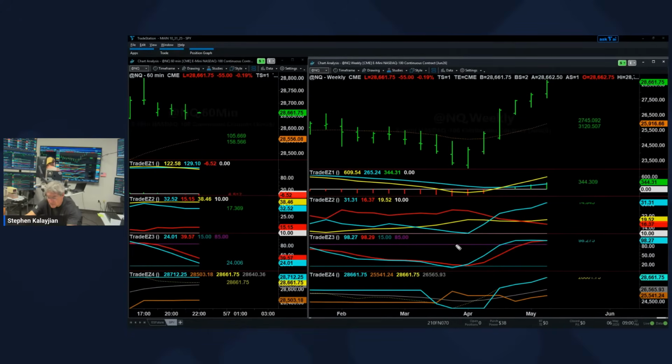Once you get a bull flag setting up on the weekly, I don't think you got too much support here. They're not breaking 25,500 or 26,000, I don't think.